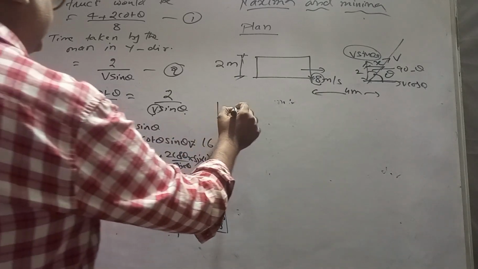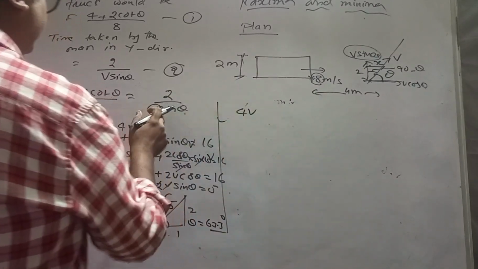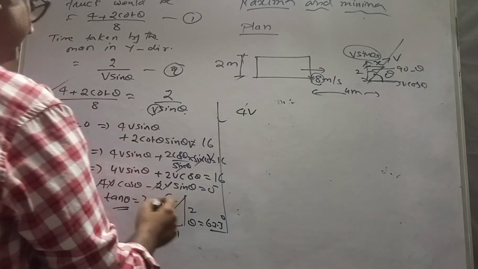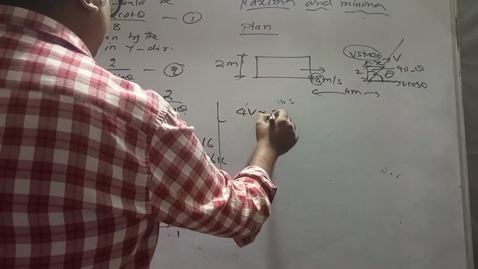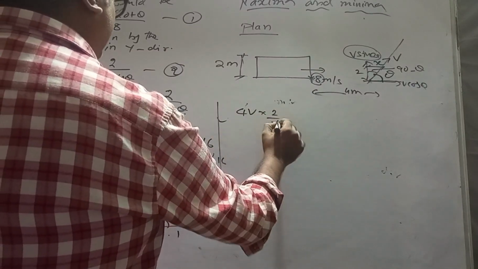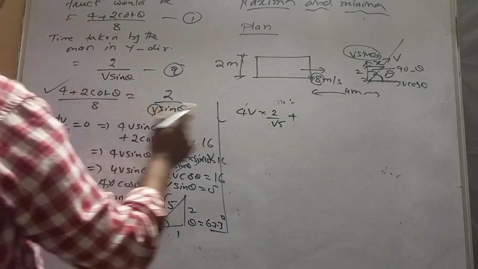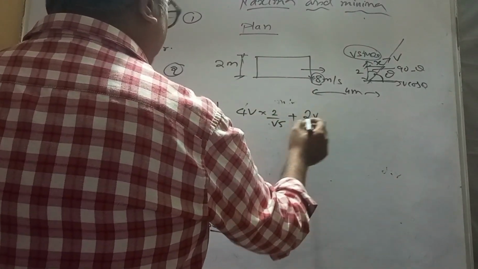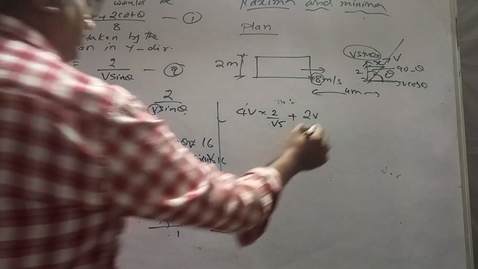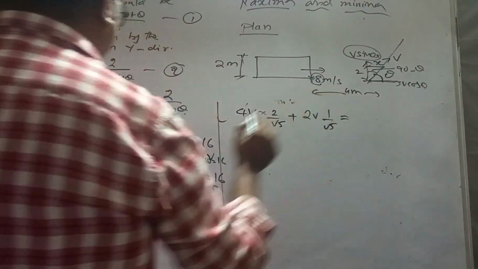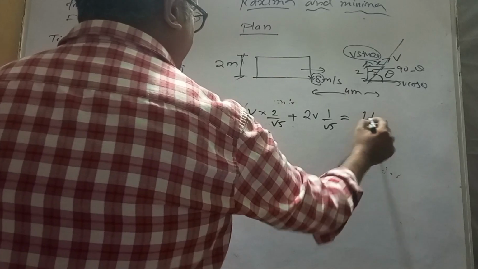So it is 4v sin theta, where sin theta is 2 by root 5, plus 2v cos theta, where cos theta is 1 by root 5, is equal to 16.